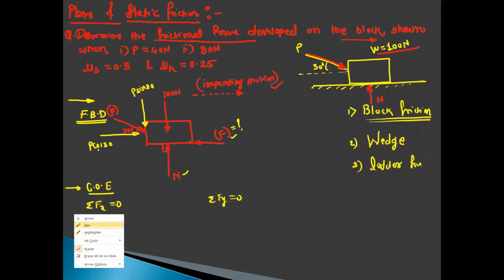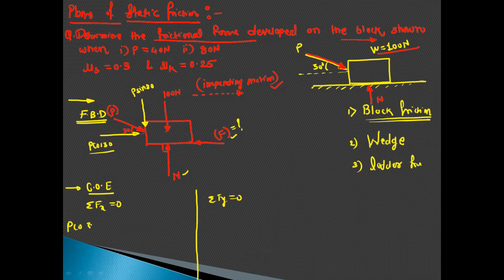For summation Fx = 0, the x component is P cos 30, then next we have the force F on the negative side, so minus F. Your reference axes will be like this: this is your x axis and this is the y axis. So this is equal to 0.